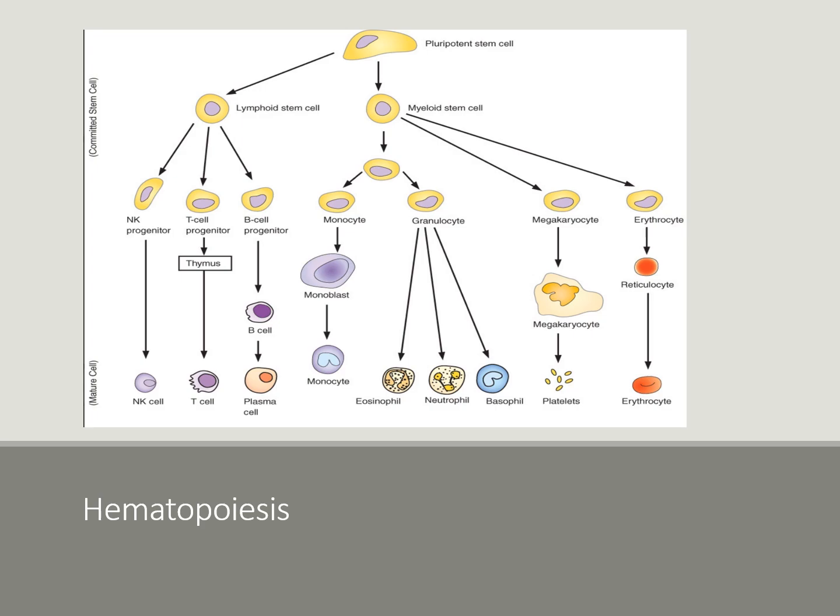And then the myeloid stem cells branch off into either monocyte or granulocyte parent cells, or megakaryocyte or erythrocyte cells. The monocytes and granulocytes produce the cell types you see here. Megakaryocytes become platelets and erythrocytes become red blood cells.